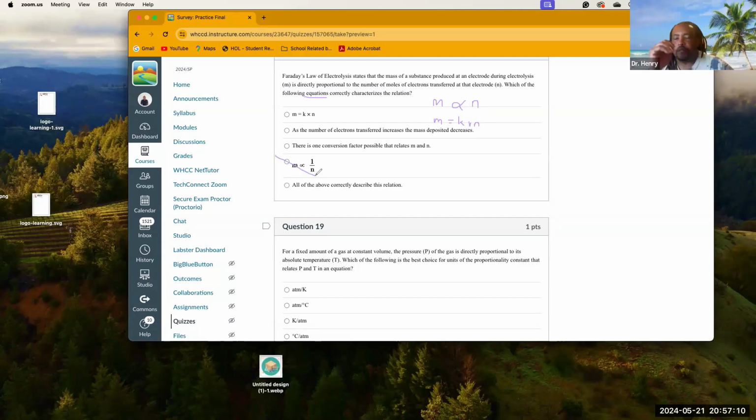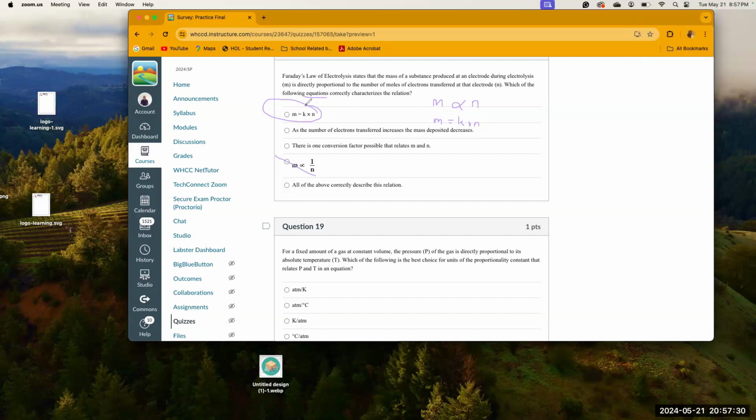Directly proportional basically means this one goes up, the other one is going to go up. Okay. Now, by us making it equal to each other, we have a constant that allows that to be maintained. And so the correct answer is A. Does that make sense?